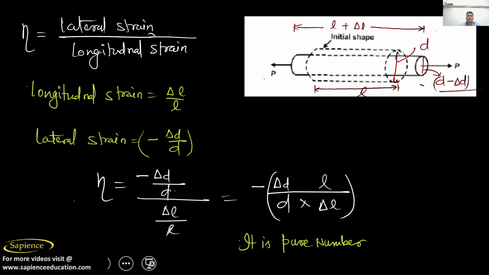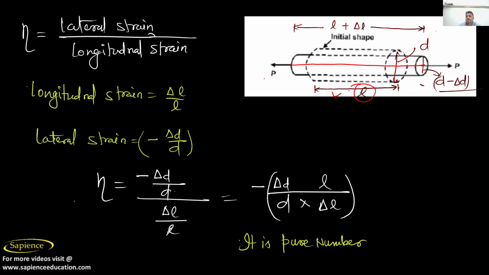Now let us derive the value of the Poisson ratio. First of all, what is the longitudinal strain? Force is applied on this side.